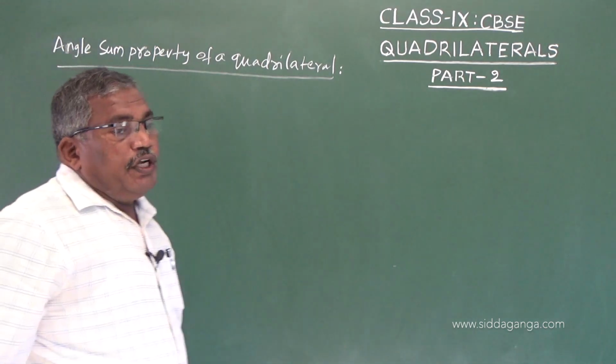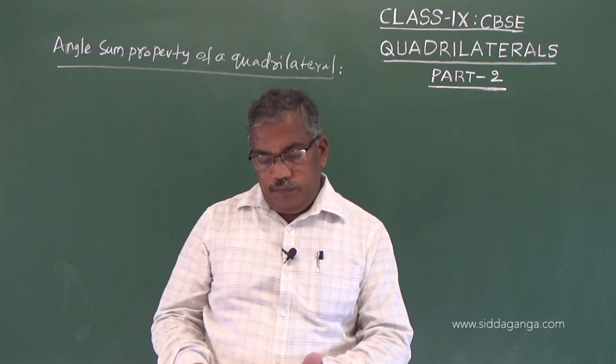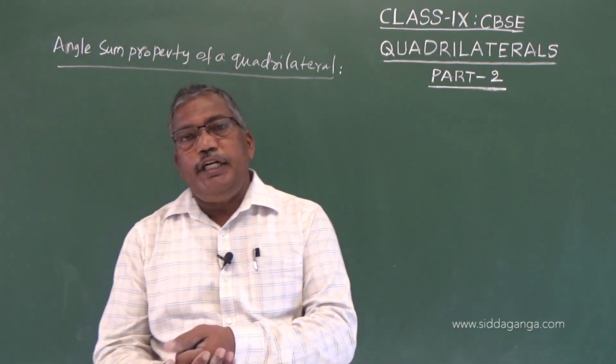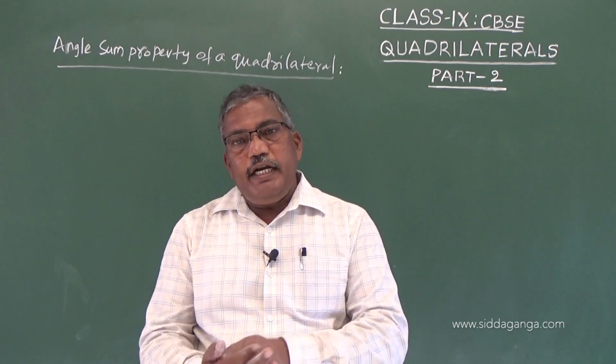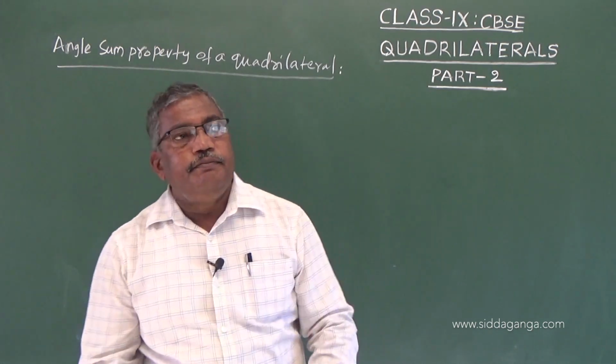See, you know, in a triangle, the angle sum property you have studied. The sum of three angles in a triangle is 180 degree.